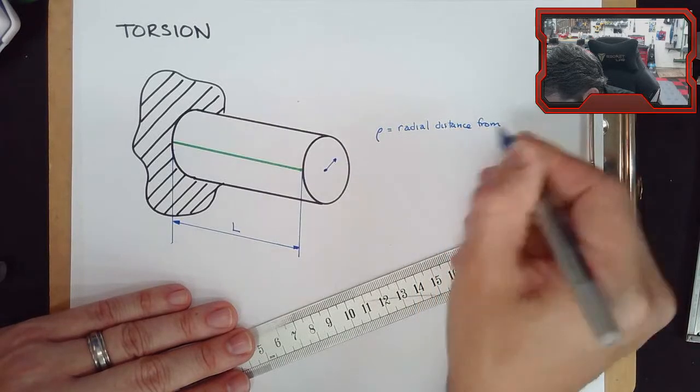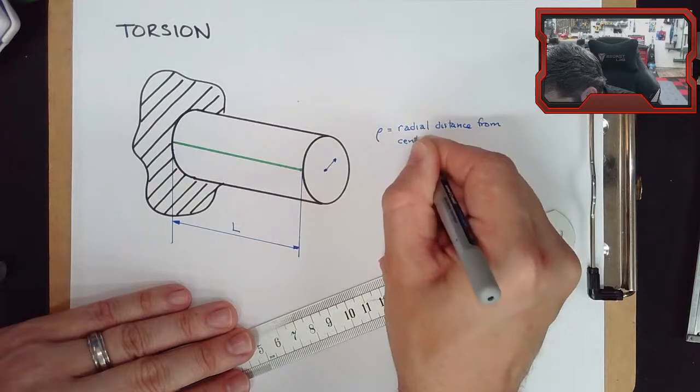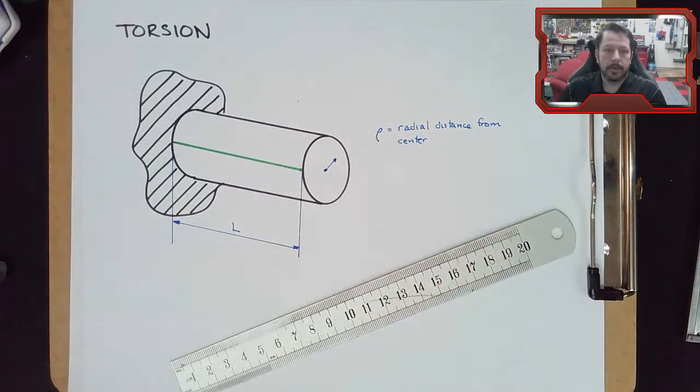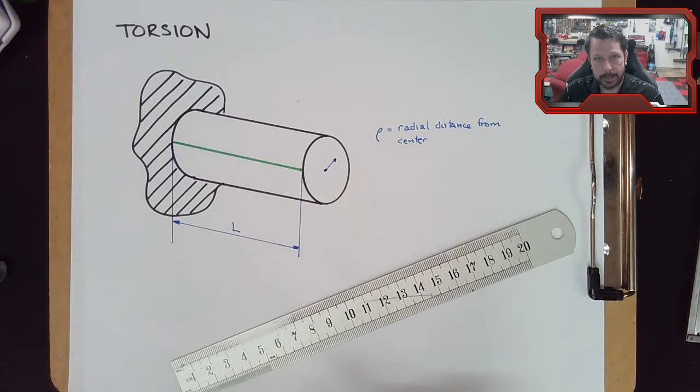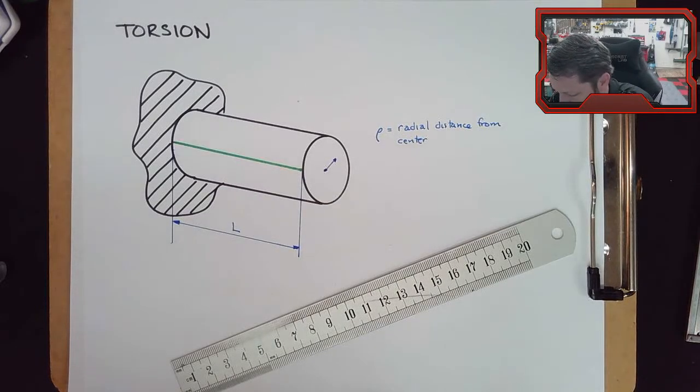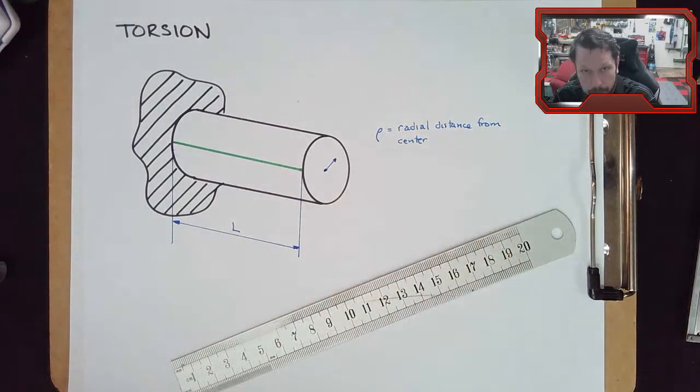And we're using rho instead of something like R because later on we're going to come in and do a polar coordinate setup, and so rho makes more sense with that instead of just r. But it doesn't really make any difference, but typically you have a rho as the radial distance from center.